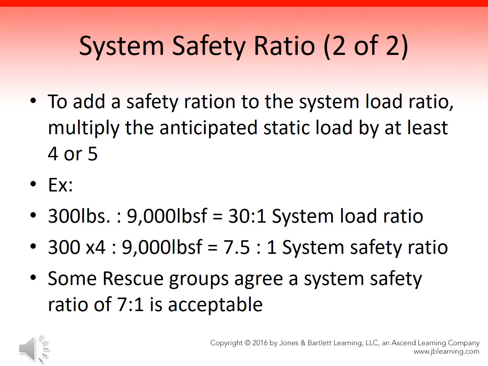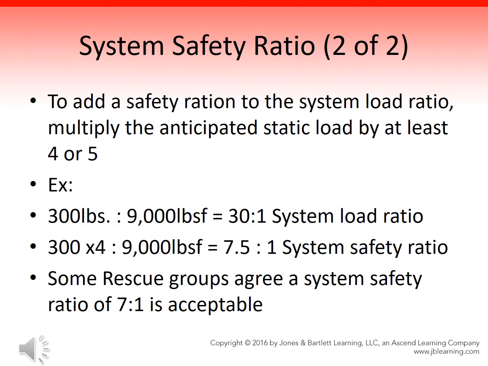First, we're going to establish a system load ratio and work from that. So if we have a 300-pound load and 9,000-pound capability of our system, that comes out to a 30-to-1 system load ratio. Now we take that safety ratio of 4 or 5, we're going to use 4 for example here, multiply that by our 300-pound load.